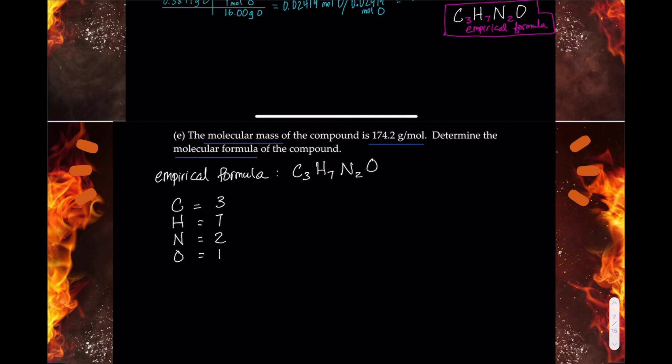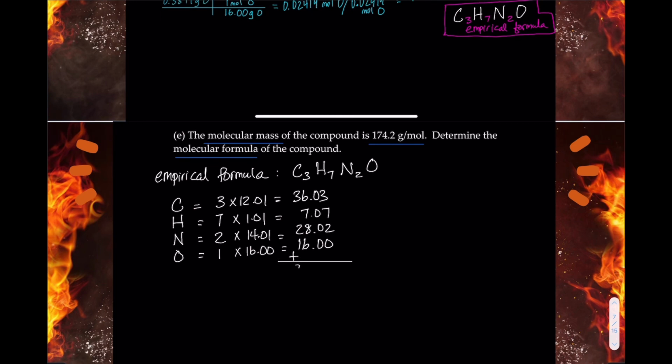Next, we'll multiply each of these numbers by the molar mass of the element. Let's add our products. 87.12 represents the molar mass of the empirical formula.